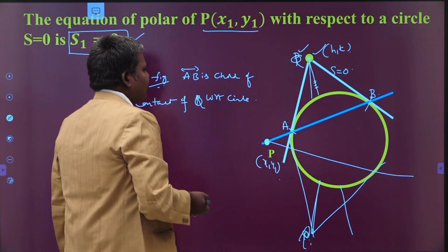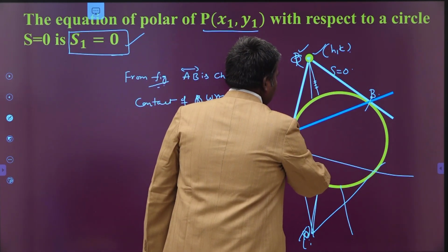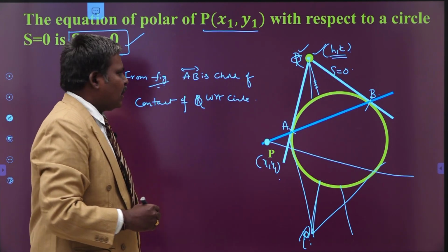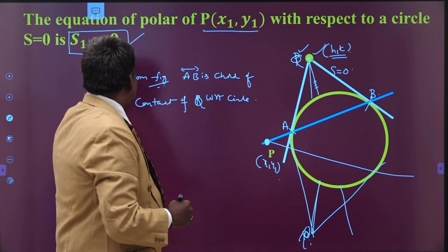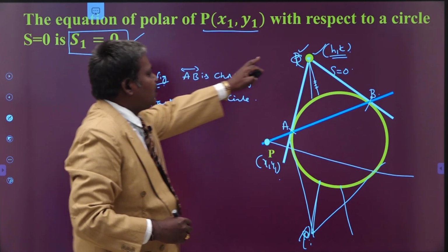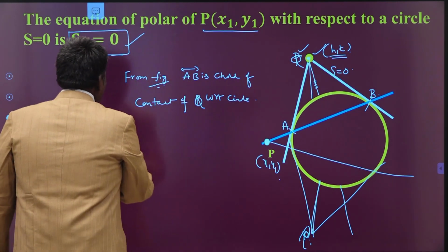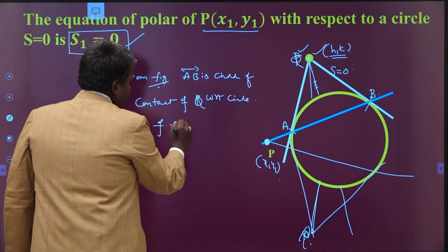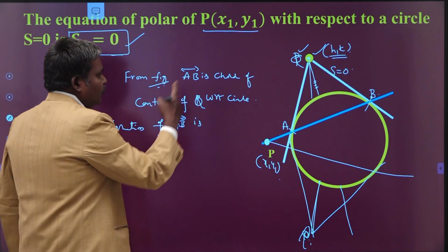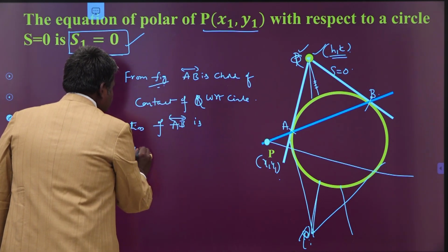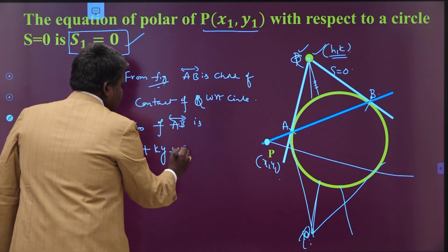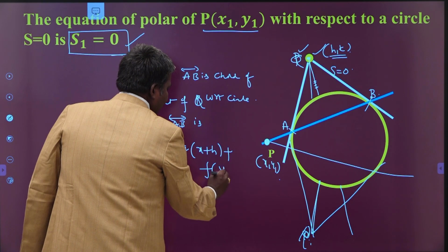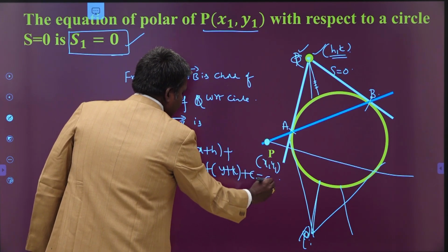Now, what is the equation of the chord of contact? All of you know that the chord of contact equation is S1 equal to 0 with respect to the point (h, k). That is different from this S1. So the equation of AB is S1 with respect to (h, k): hx + ky + g(x + h) + f(y + k) + c = 0.